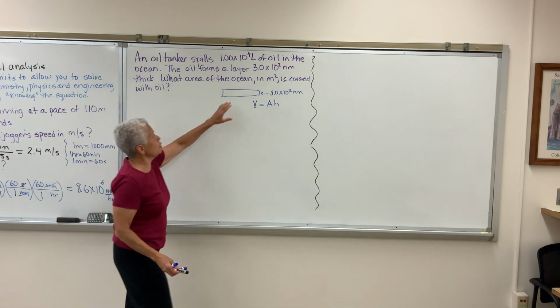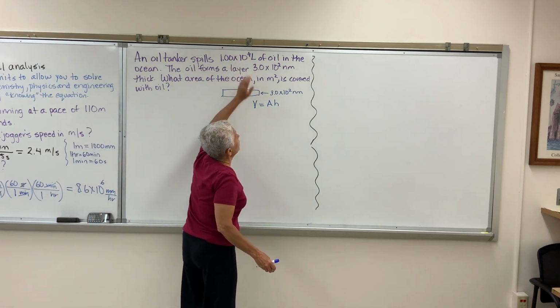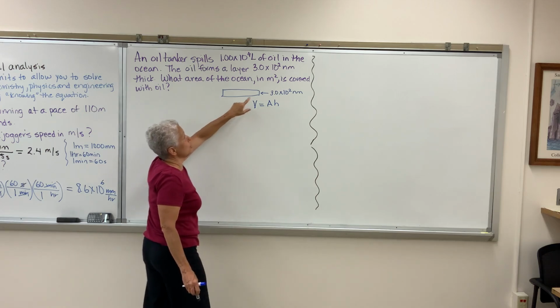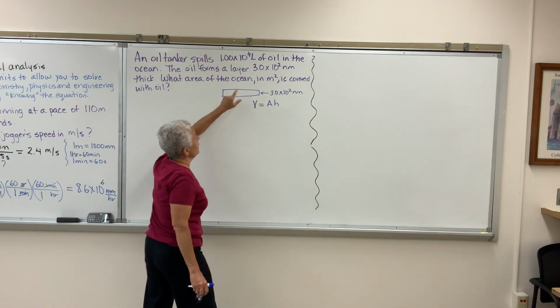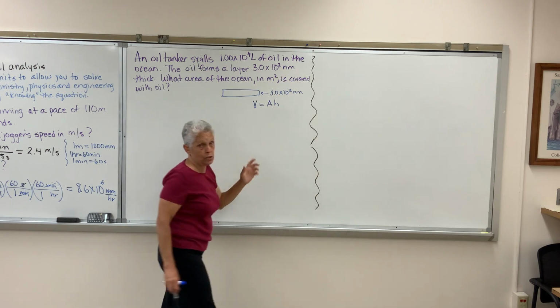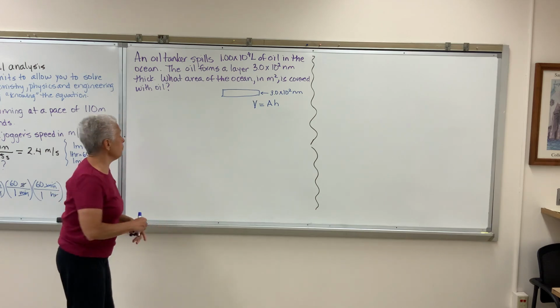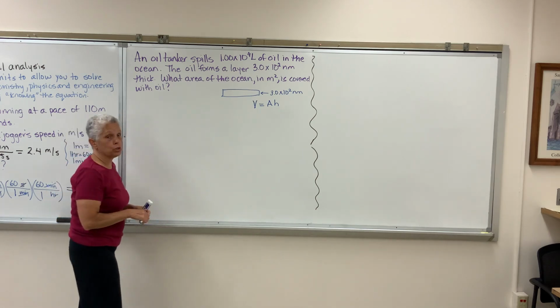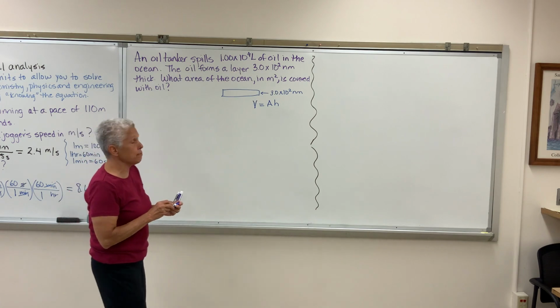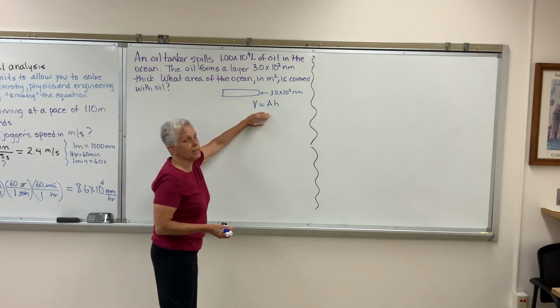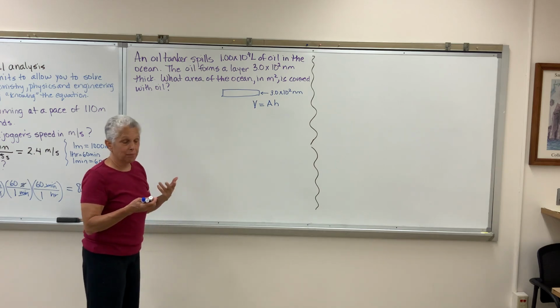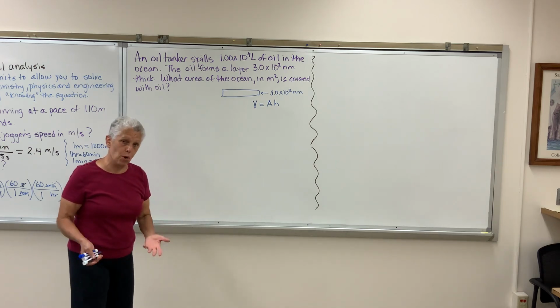The problem is that you've got to convert the liters to meters cubed, right? Because your final unit is meters squared. And you've got to convert the nanometers to meters so that the units all work out, okay? How you do this, whether you do this in one step, multiple steps, or substituting in the equation, it's going to depend on each one of you.